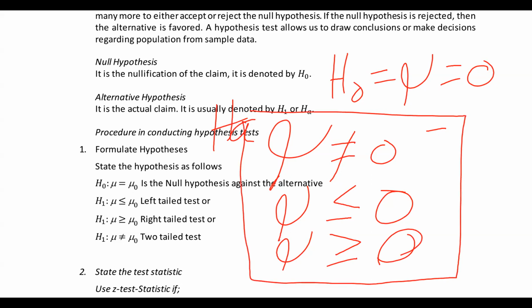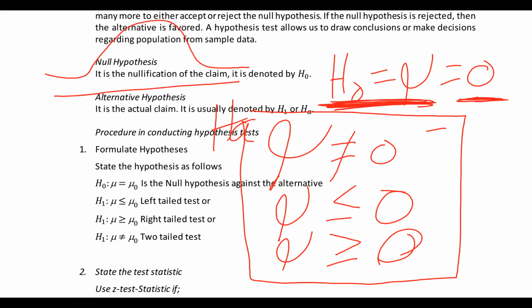Someone was asking last time, when do you say that it is double-tailed or single-tailed? As long as the hypothesis says mu is equal to the hypothesized value, that is a double-tailed test, which means the data is distributed symmetrically.